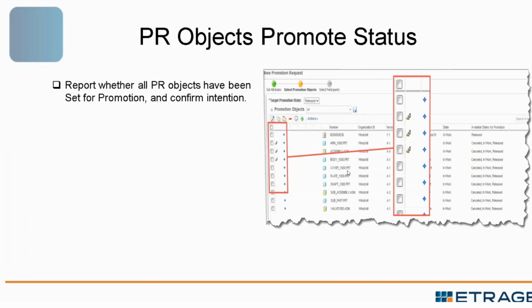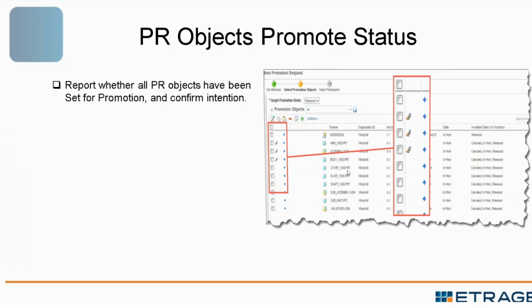Now any additional object you have to make sure is set for promotion as well. If you have at least one of these objects set to promote, you can go to the next step and complete the promotion request, and nothing will prompt you to say, hey, you have objects you added here and forgot to set to promote.